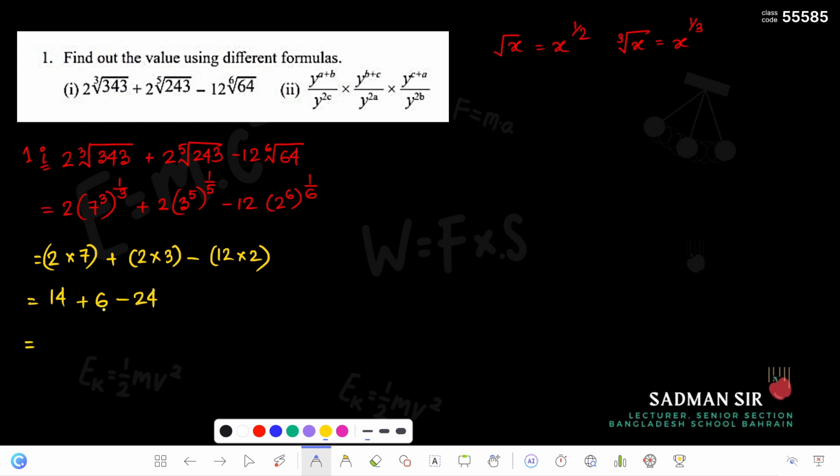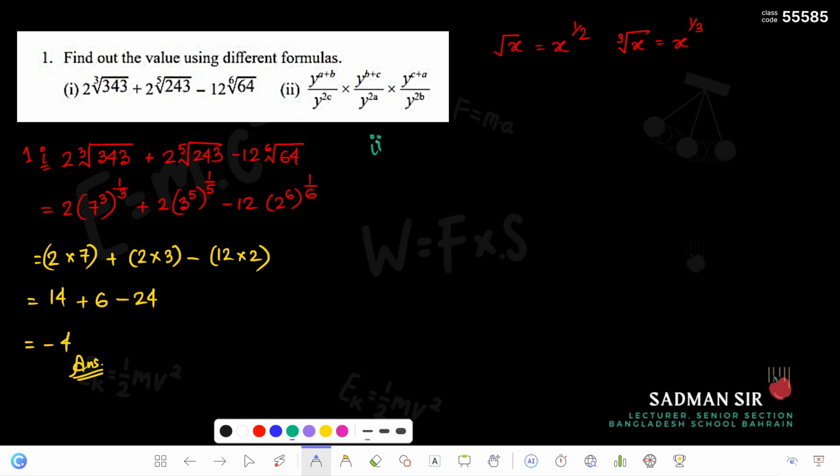So 14 plus 6 is 20. 20 minus 24 is minus 4. According to me, that should be our answer. Kindly recheck the calculation. Sometimes I may make some mistake in addition, subtraction or multiplication. So never take my answer for granted. You do the calculation at home, and if you find any mistake in my calculation, then kindly let me know. No problem. I am also a human being. I can also make mistakes.